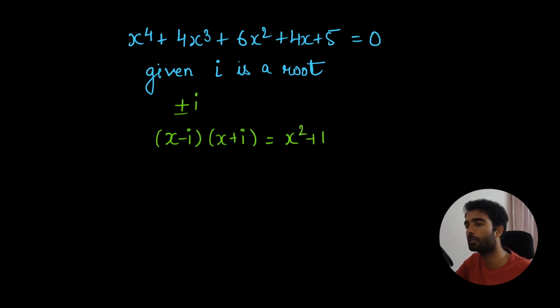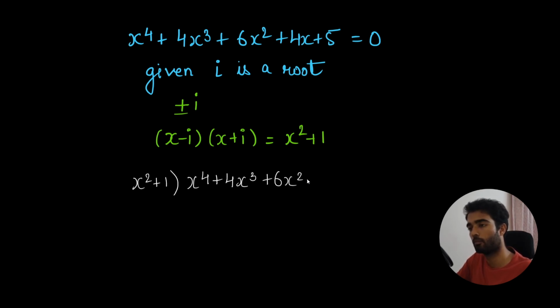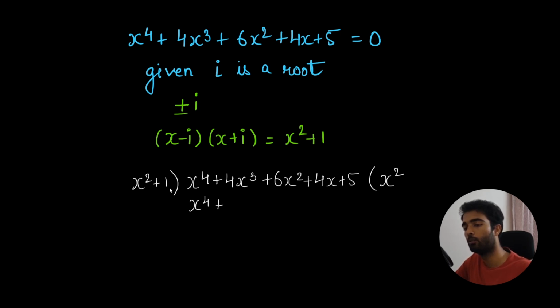So we'll divide this equation by x squared plus 1. Now we see that the first term is x to the power 4, so we multiply it with x squared, x to the power 4 plus. Notice that there is no x term here, so we will straight away come here and subtract the whole thing to get 4x cubed plus 5x squared.